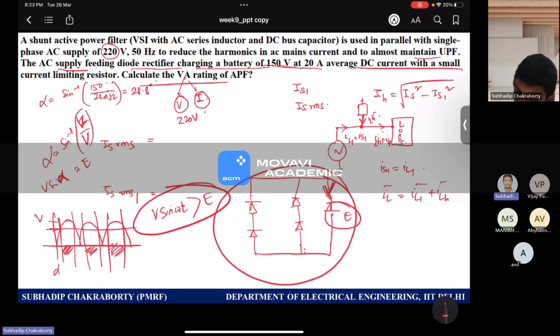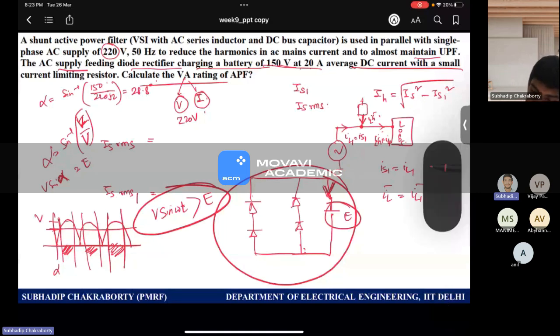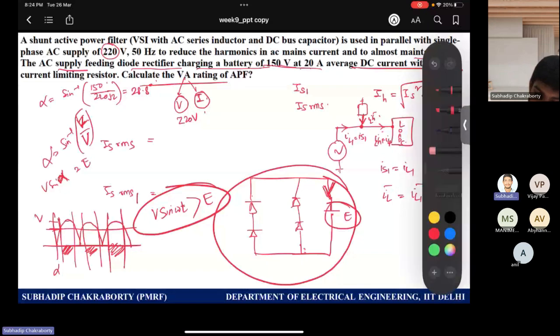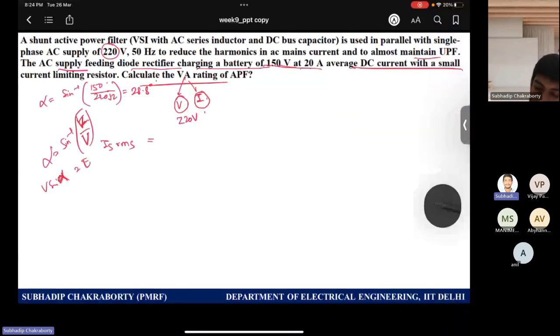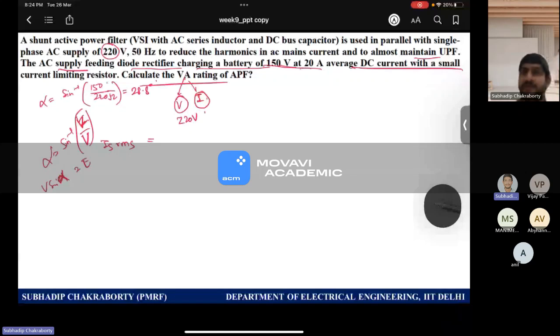Now I gave you the formulas for these RE based loads, right? From there we can find the value of R, because one thing is given here: the battery charging current, 20 amps. This is the I average.